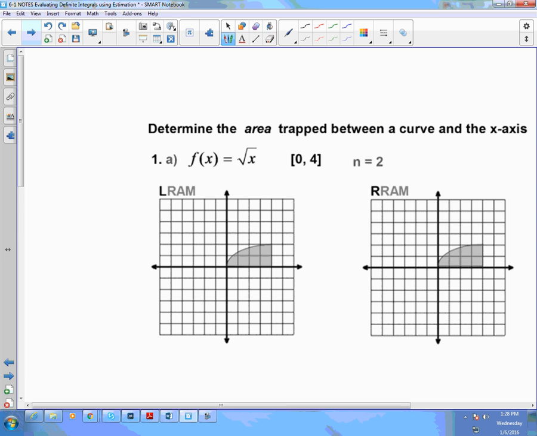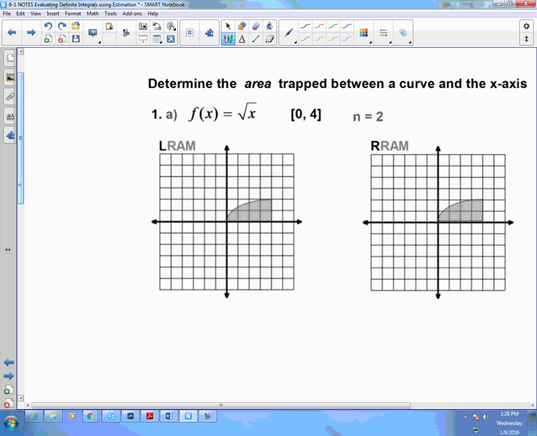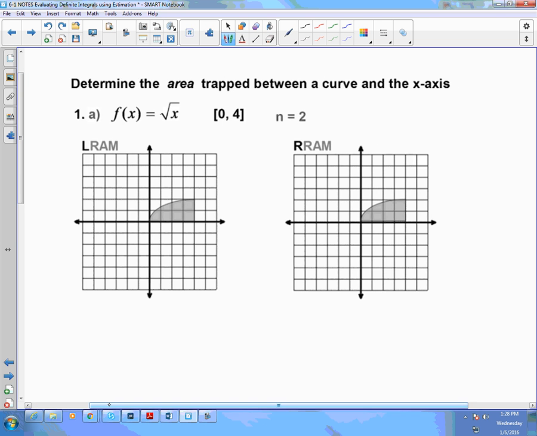We're going to try the different approximations based on what they asked us, and the different widths. So that's what N is, the width of your rectangle. Go ahead and draw this starting with the left, so the left endpoint of the rectangle has to be on the curve.